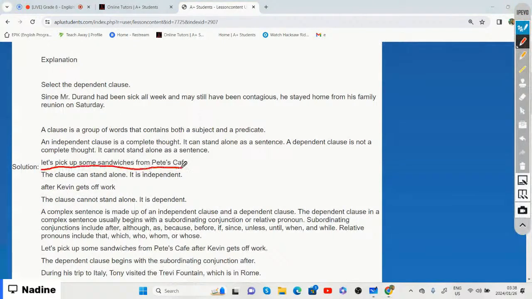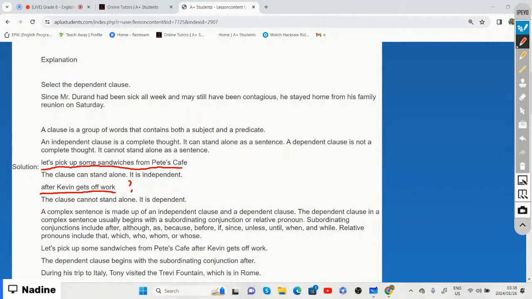It has a subject as well as a predicate. But now, if we look at the next sentence, after Kevin gets off from work, you're thinking to yourself, okay, and then what happens after Kevin gets off from work? So this is a dependent clause because it cannot stand on its own.